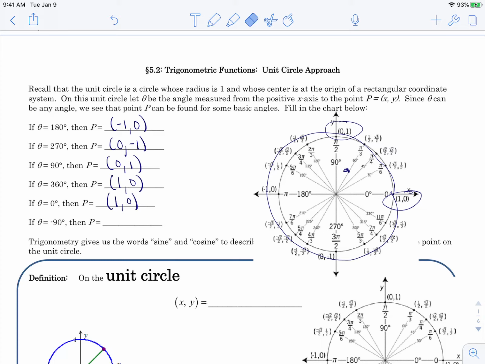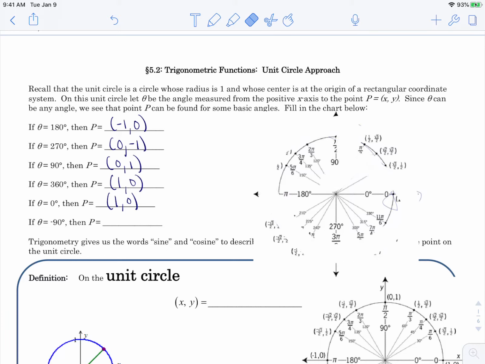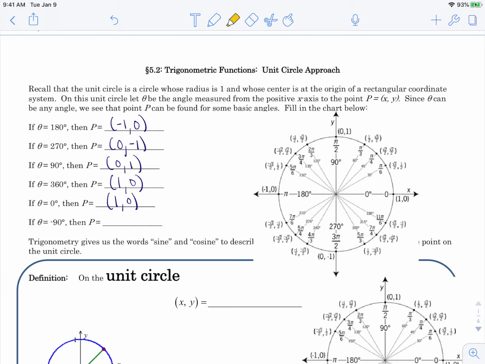Now negative 90 degrees. Remember, we have to start here, and negative means we go in this direction and we stop at -90, so we stop right there. And so our coordinate is (0, -1).